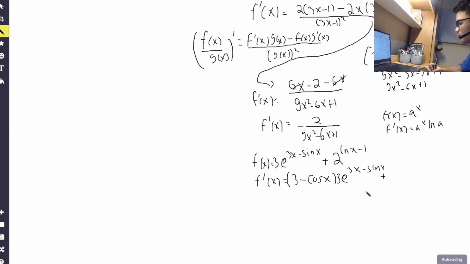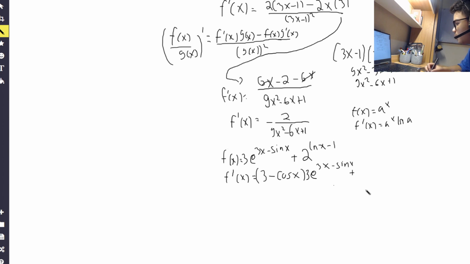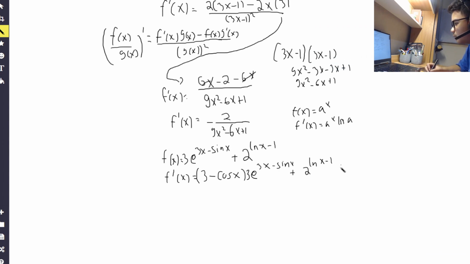So for 2 to the ln x minus 1, we take 2 to the ln x minus 1, times ln of 2, times the derivative of the exponent, which is just 1 over x.